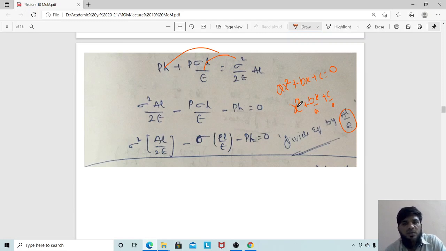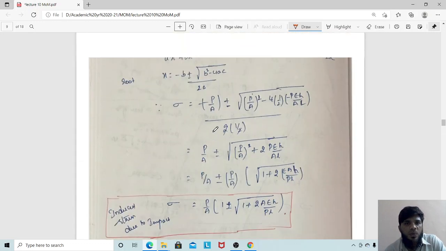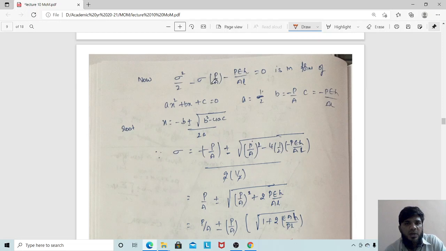So the equation becomes sigma square by 2 minus sigma P by A minus PEH by AL. Initially it was PH, now it has become divided by E by AL. It is in the form ax square plus bx plus c, where a is 1 by 2, b is minus P by A, and c is minus PEH by AL.